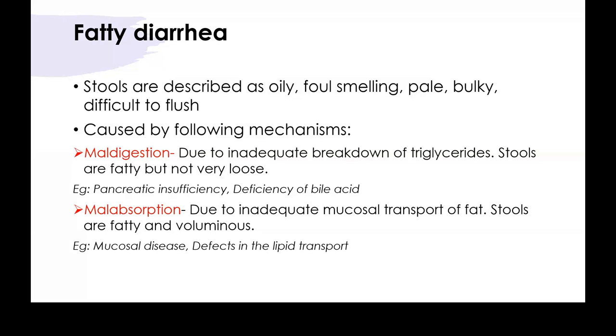Fatty diarrhea can be due to two main mechanisms: either maldigestion or malabsorption. In maldigestion, your triglycerides might not be broken down appropriately for absorption, so the stools are fatty but not loose, not watery.